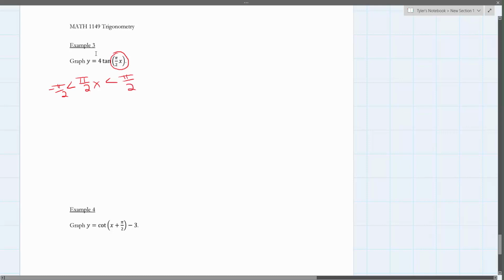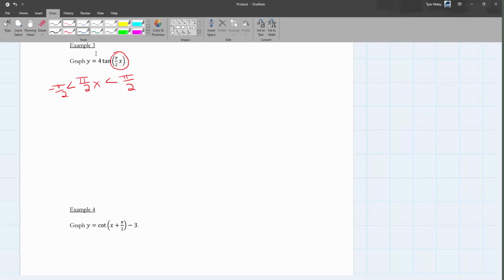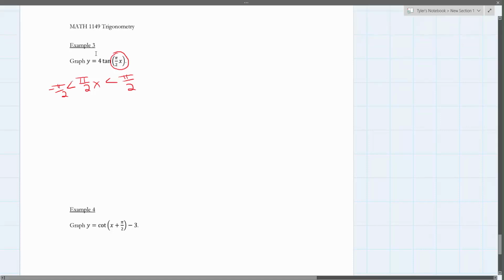So then I want to solve for x. So in other words, what I can do is multiply by 2 over pi, which is essentially the same thing as dividing everything by pi over 2, right? So we're trying to get rid of that coefficient for x. So I'm going to multiply everything times 2 over pi. I have to do both sides of this compound inequality. So on the left, that's going to give me negative 1 less than x less than 1.